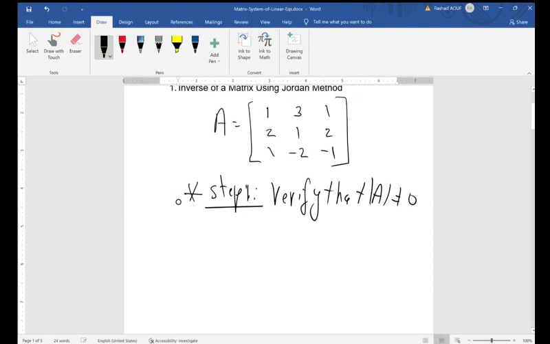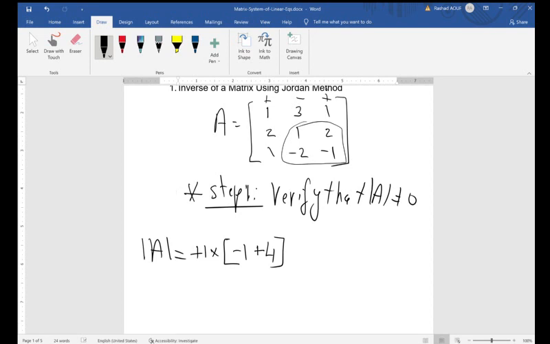How to calculate the determinant of A? Let me show you. Plus, minus, plus. I choose the first row as coefficients. I start with the first one, plus 1 times the determinant of this matrix: 1 times minus 1, minus 1, minus, minus, plus 2 times 2, plus 4.